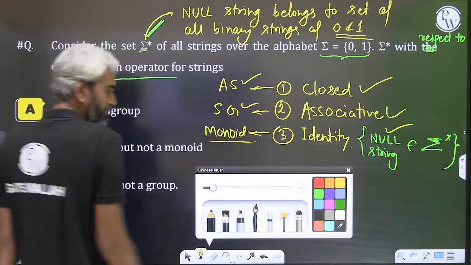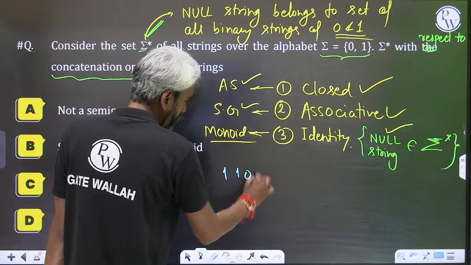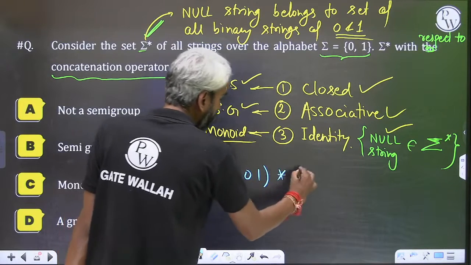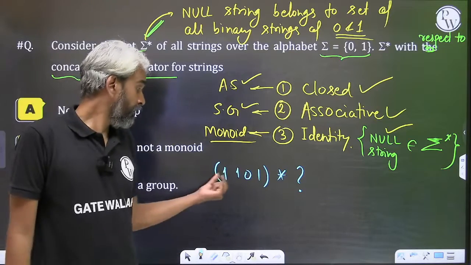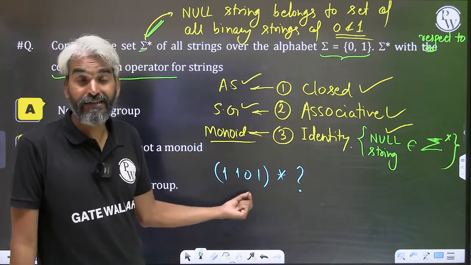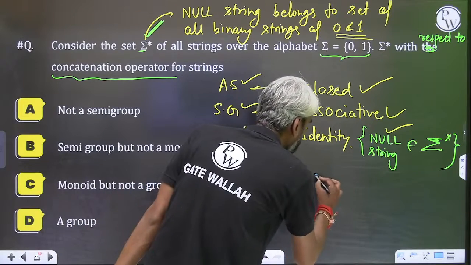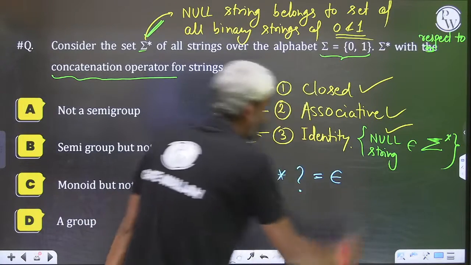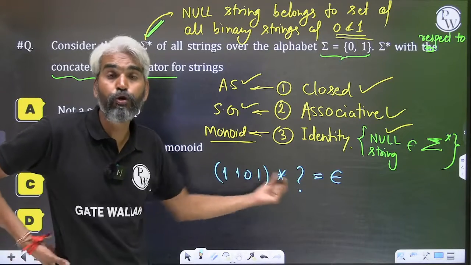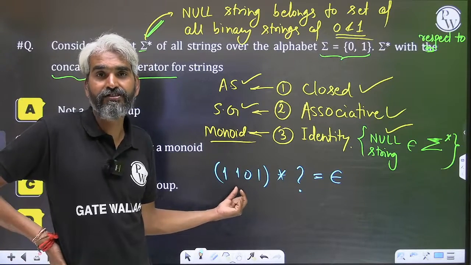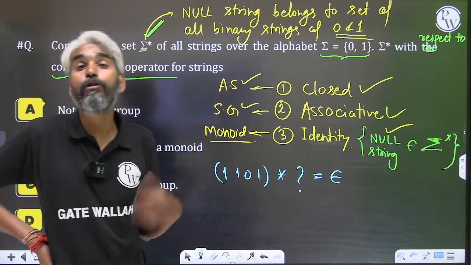Now, my question is, if you have a binary string, let's say 1101, with what binary string should we concatenate it such that the result is the null string? Because of concatenation of two binary strings, the string length will only increase, it cannot reduce.